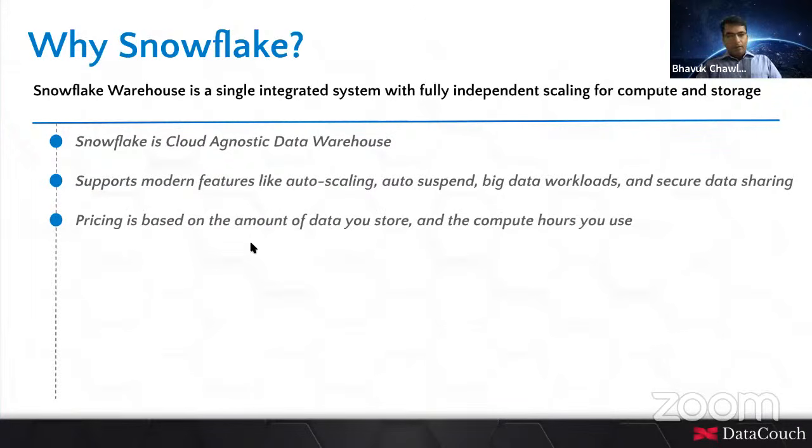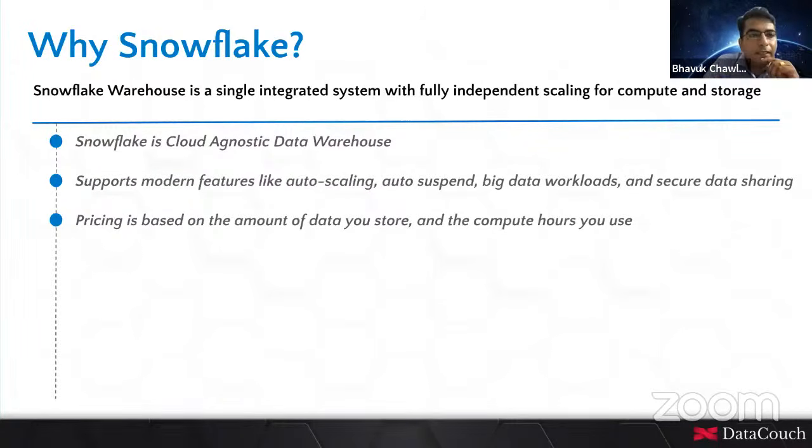So we have a pricing model in which we pay for the amount of data that we store, and also how much compute we are using. When we run the queries, then only we pay for the query runtime. So we are not paying for running the machines. We can set up the functionality so that we just turn off the car.